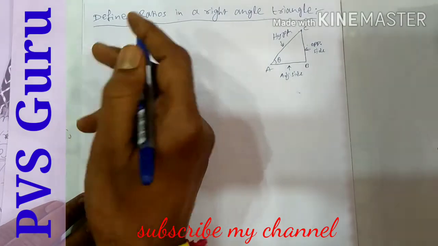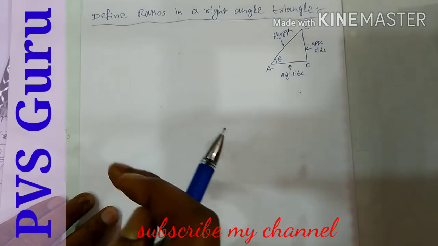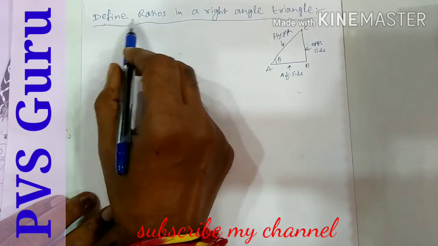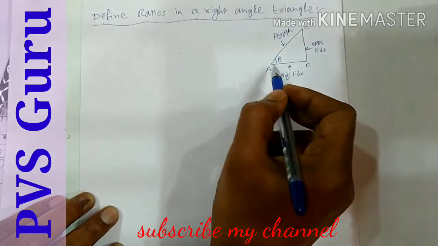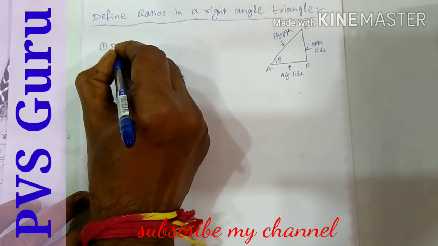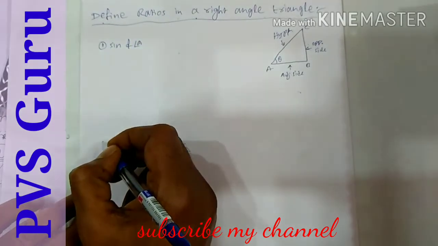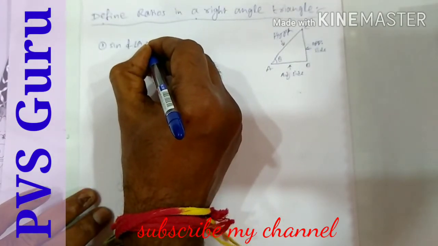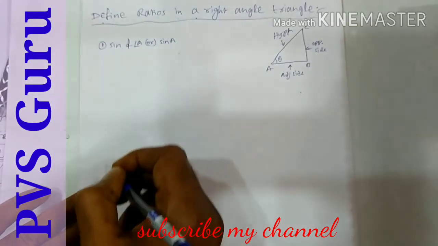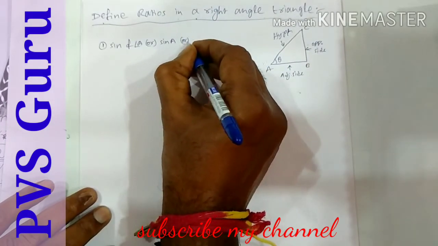So now we have studied the 6 trigonometrical ratios, that is sine, cos, tan, cot, secant and cosecant. Now about their formulas, the definitions with the help of a right angle triangle define ratios in a right angle triangle. The first one is sine of angle A. This we can also write as sine A, or if you consider theta, you can also write sine theta.